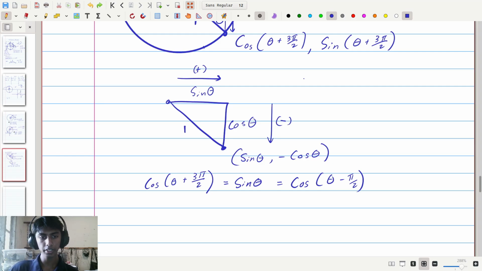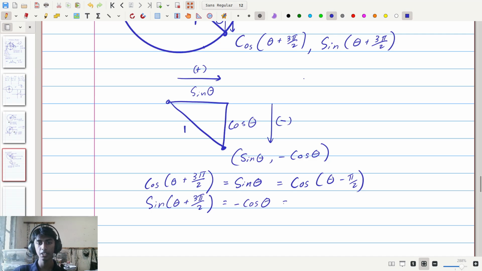Similarly, considering the sine of theta plus 3 pi by 2, it is equal to negative cosine of theta. So negative cosine of theta is equal to, again, sine of theta minus pi by 2. The reason for this is that rotating in the negative direction by pi by 2 is equivalent to rotating in the positive direction by 3 pi by 2.